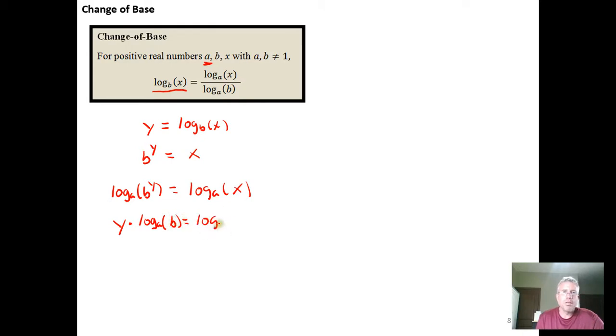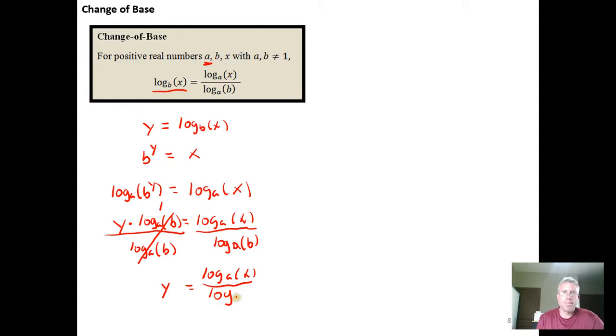equals log base a of x, and then just divide both sides by log base a of b. Log base a of b divided by log base a of b is just equal to 1, and y times 1 is just equal to y, so we get y equals log base a of x divided by log base a of b.